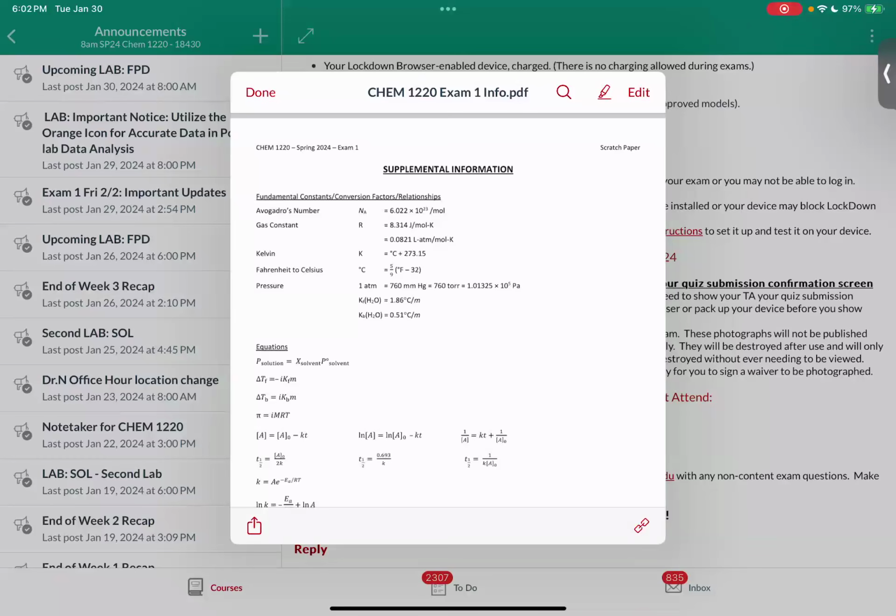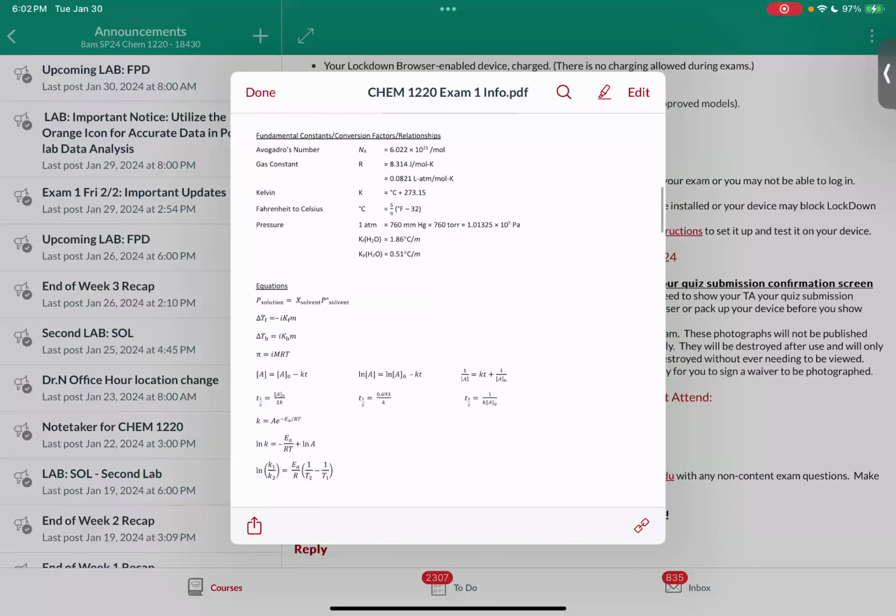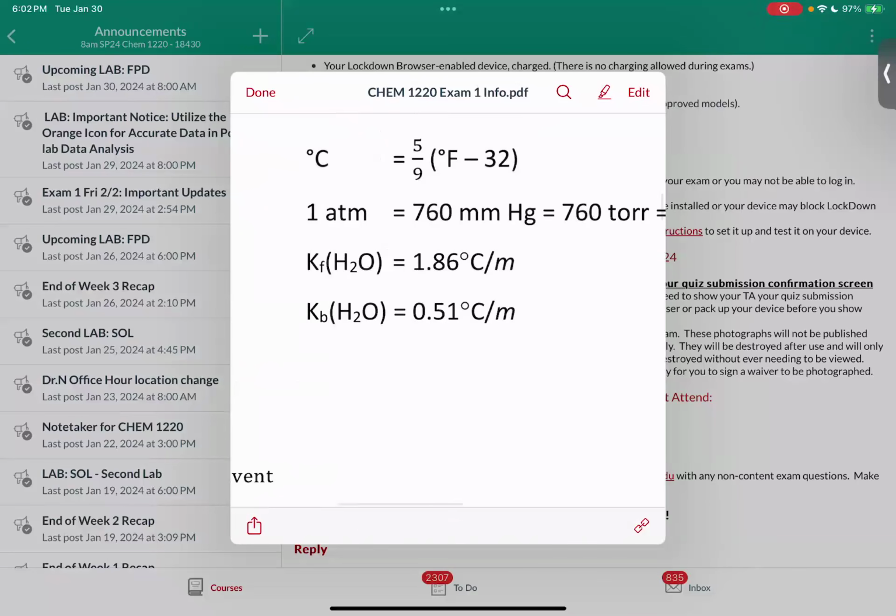It most likely is on this supplemental information. So I encourage you, when you're doing the practice exams, to have this supplemental information right in front of you so you know exactly where your eyes need to look to find the zeroth order kinetic integrated rate law, first order, second order, etc. Because 50 minutes isn't a lot of time. Let's save as much time as we can if you know where everything is on our supplemental information. That's where it is.